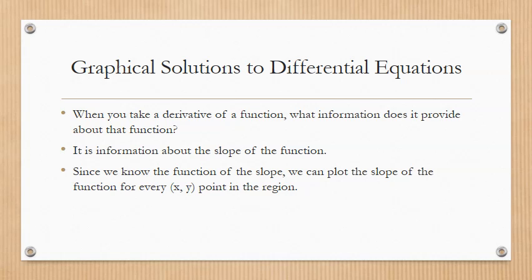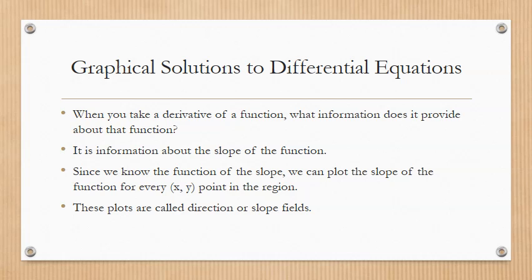Since we know the function of the slope for our differential equation, we can plot the slope of the function for every point in the region we're interested in, and we call these plots direction fields.